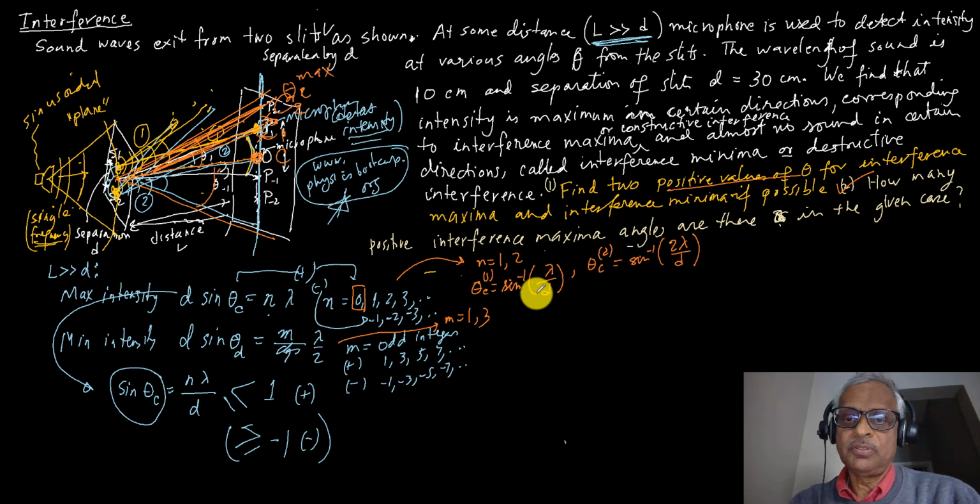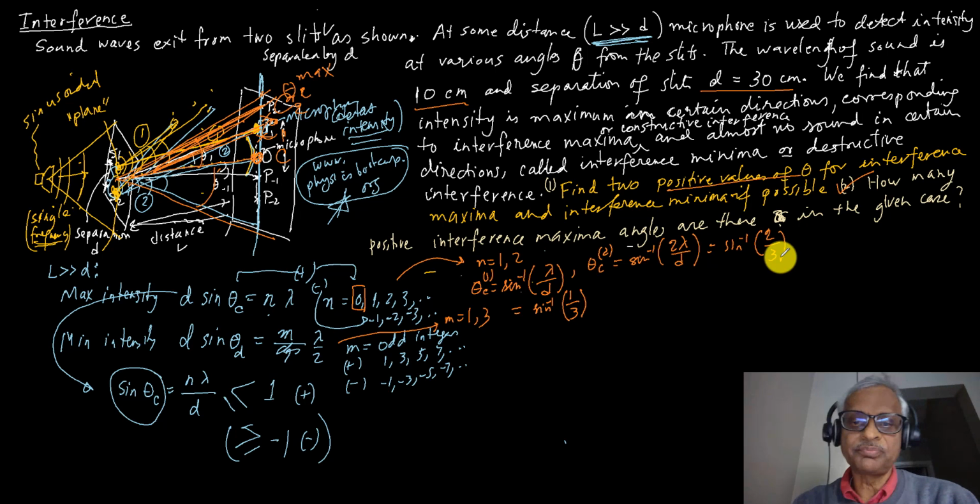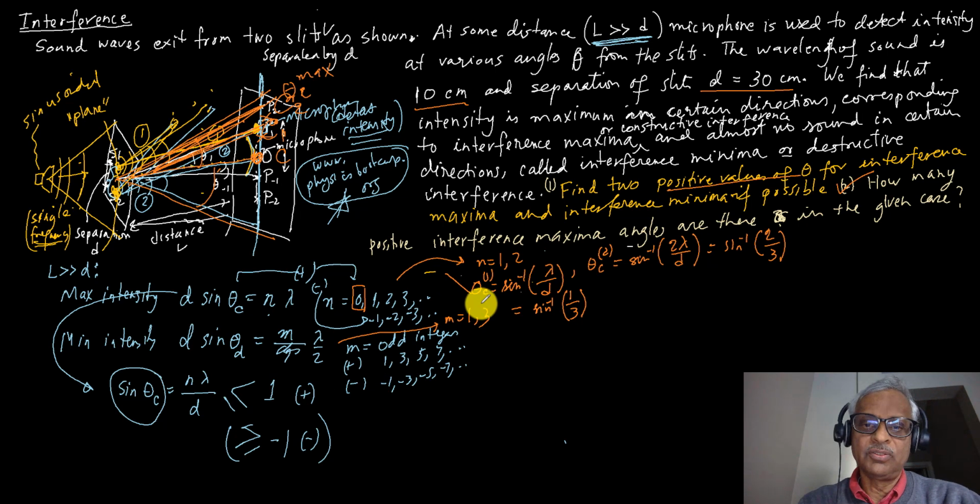And so let's find this out. Lambda is 10 centimeters, and they're in the same units, so it just becomes 1 over 3. Over here, arc sine inverse 2 over 3. And so thus for the constructive.